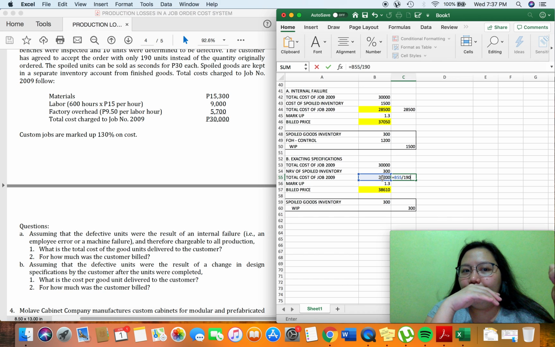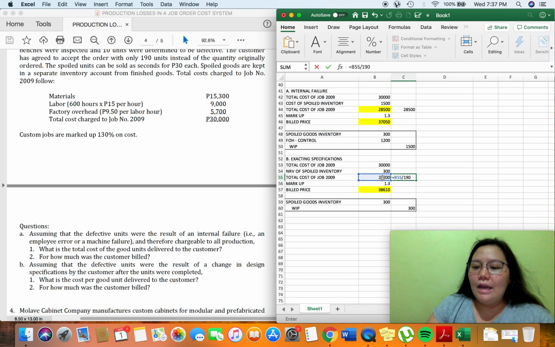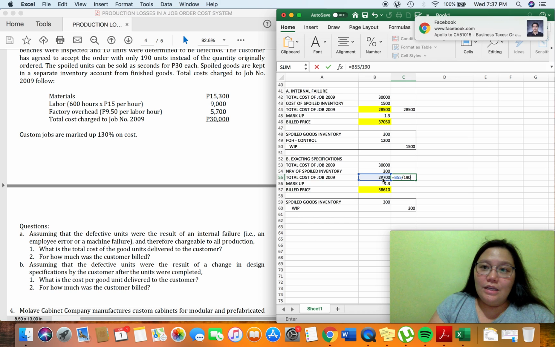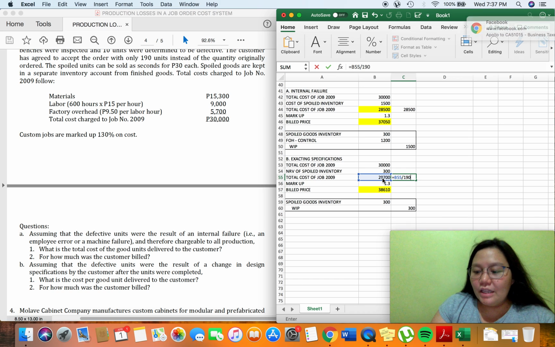Parang, bebenta mo na lang siya for 30 pesos, which is a price lower than the original cost of the units, di ba? So, ganun ang nangyayari. So, yun yung difference between spoiled units at saka defective. Ang spoiled, hindi mo na siya madedeliver talaga dun sa intended customer kasi nga hindi siya naka-conform sa standard. But the defective units, after the rework, maide-deliver pa rin siya sa customer.